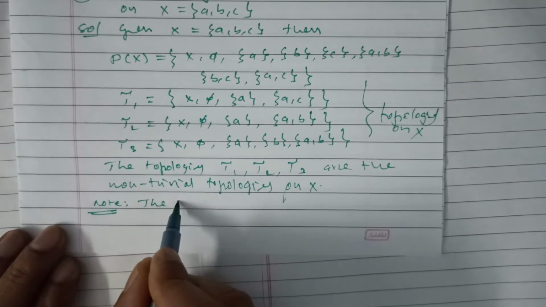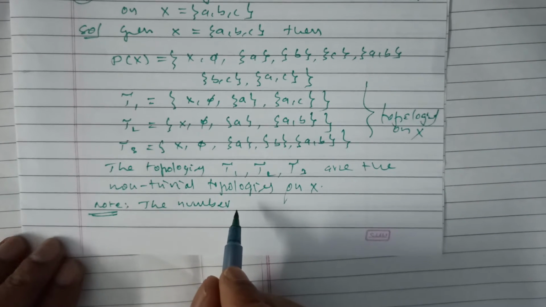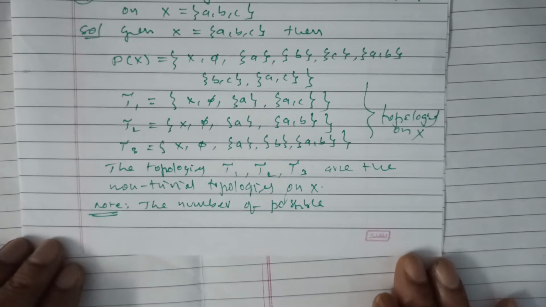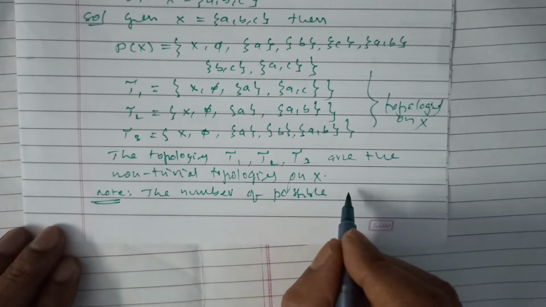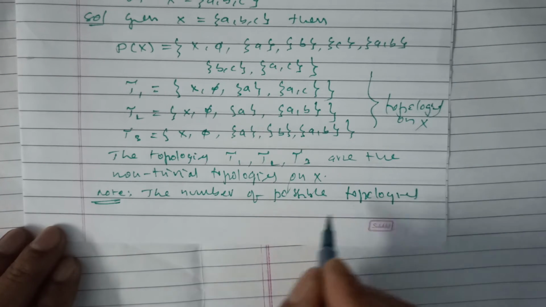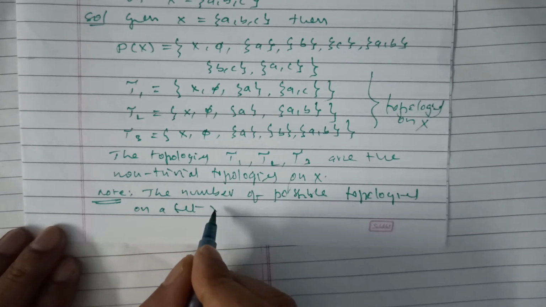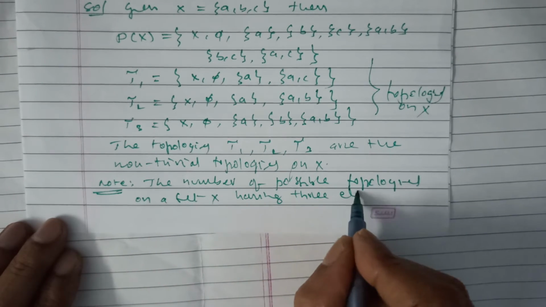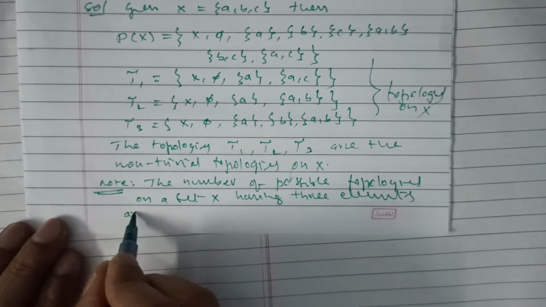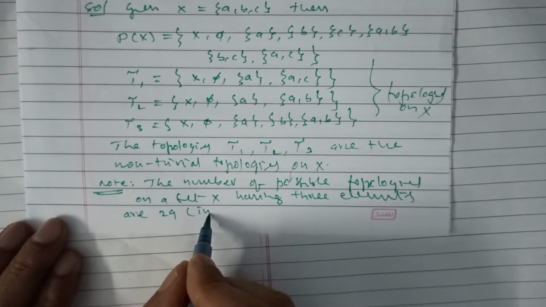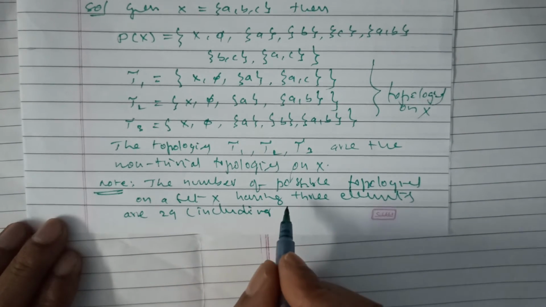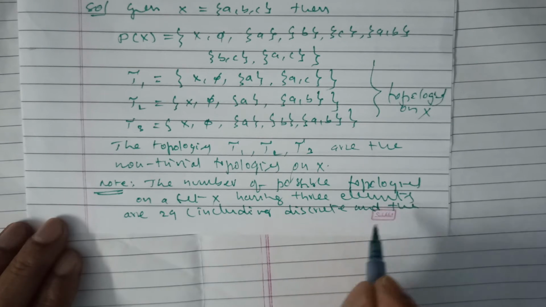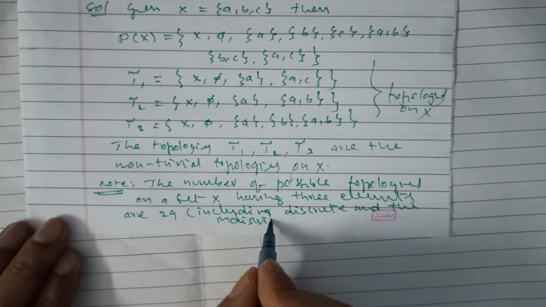The number of possible topologies on a set X having 3 elements is 29, which includes the discrete and the indiscrete topologies.